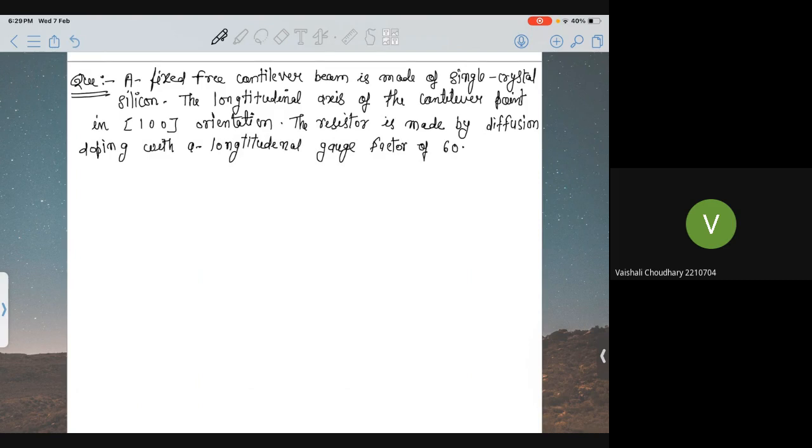Okay, the L is 200 micrometer, width is 20 micrometer, thickness is 5 micrometer.